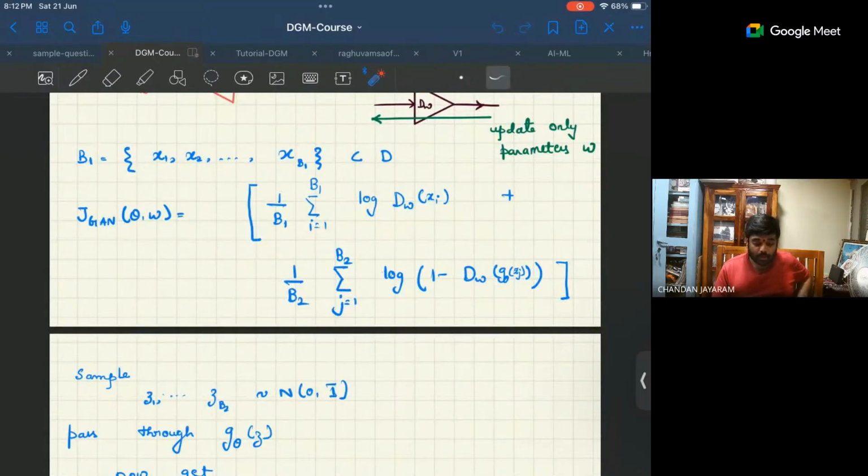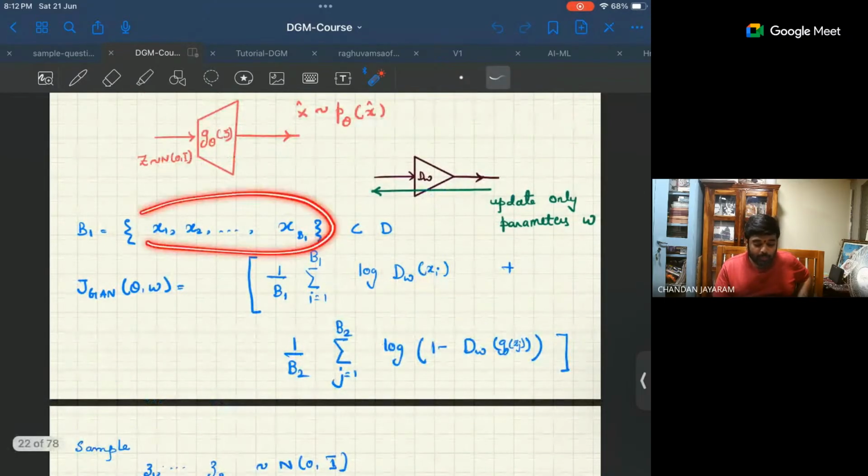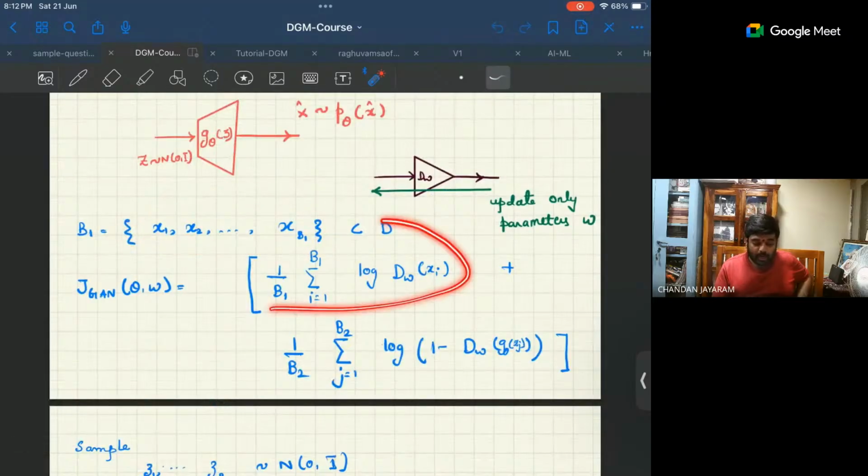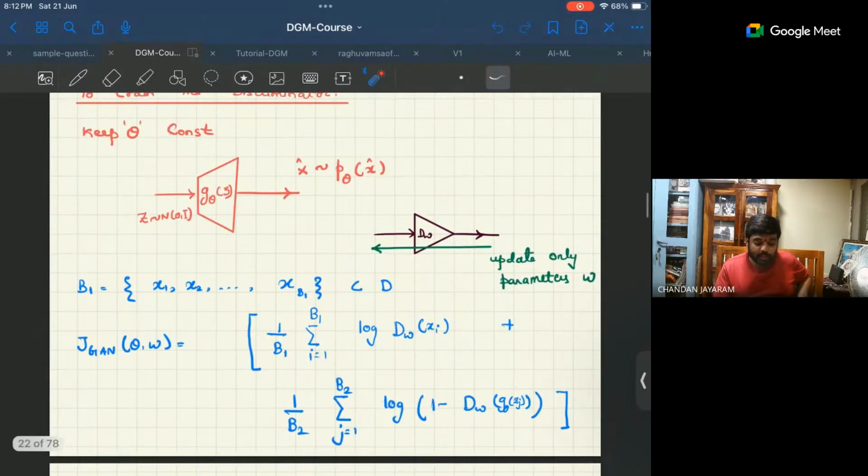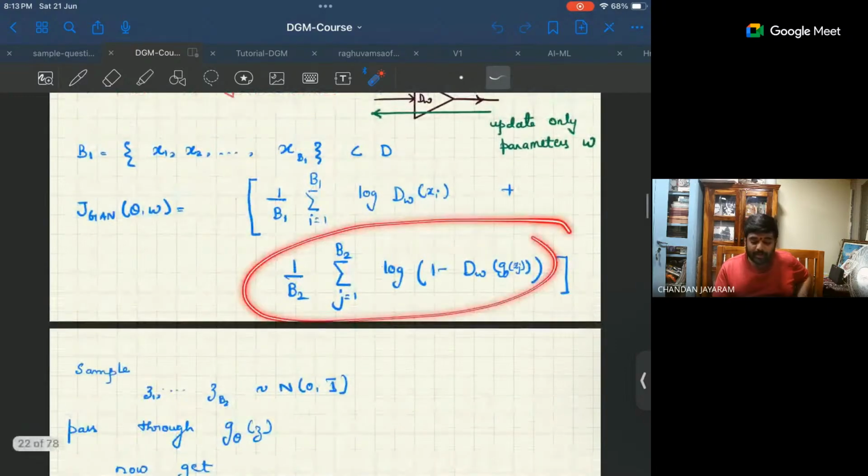Similarly, you take B1 examples and pass them through just the discriminator, and you get this term. Sample from the real data, obtain this term. Sample from the normal distribution, pass it through the generator, obtain the fake data, and get the second term.